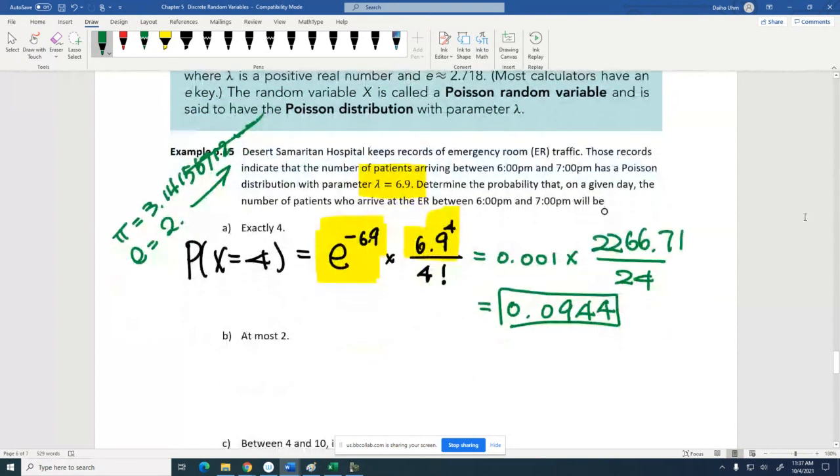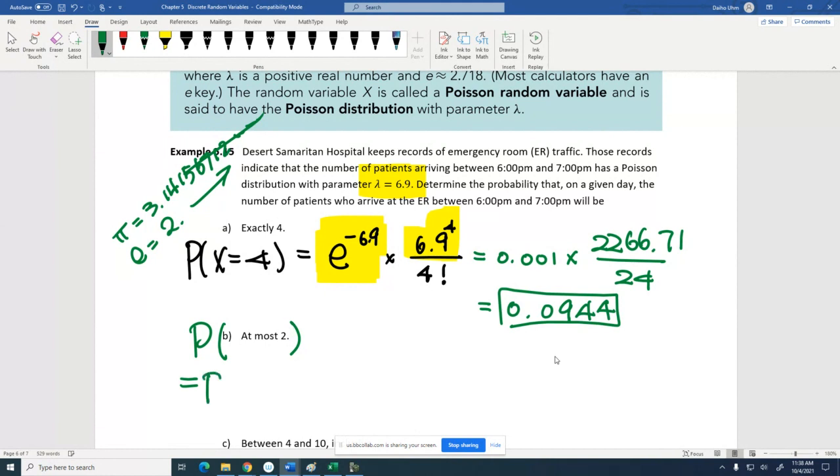Let me try the next one. At most, we need the probability of at most 2 patients. What does that mean? At most 2. 2 or less. But in the Poisson distribution, we always begin from 0. 2 or less: 0, 1, or 2.